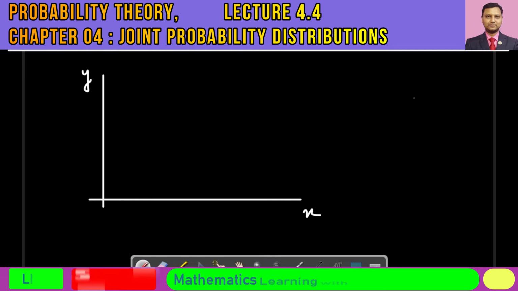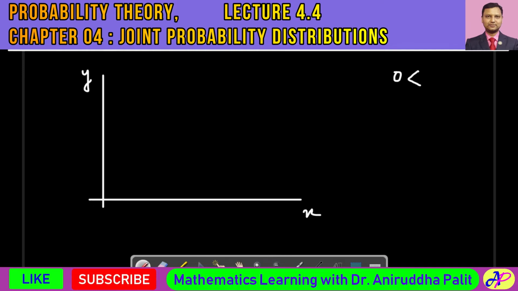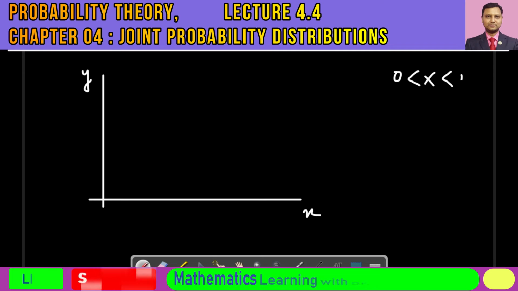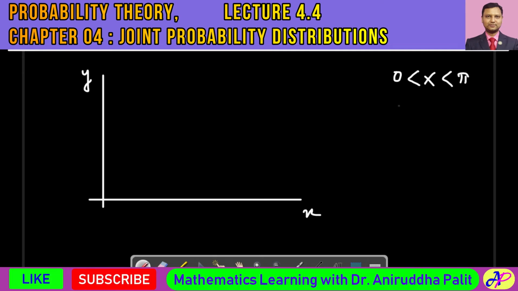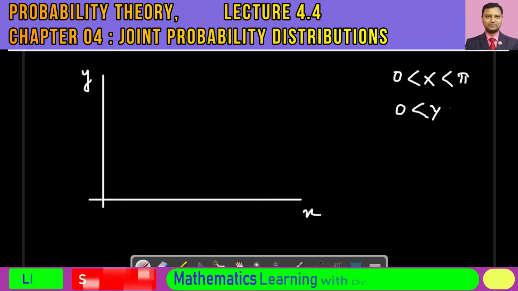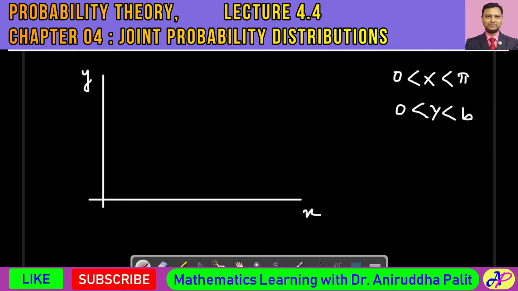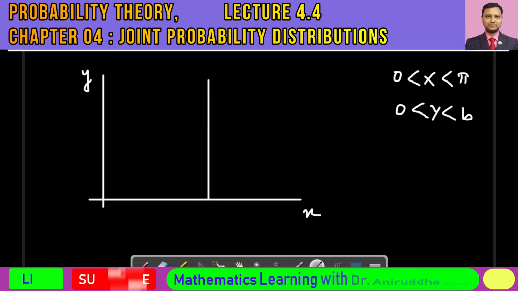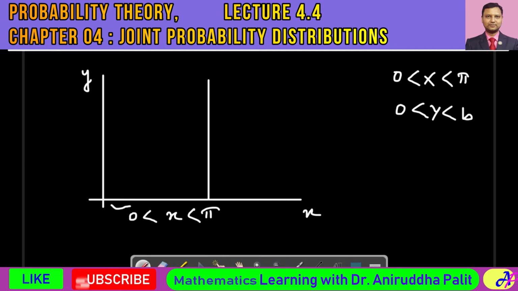The spectrum was that 0 less than x less than pi, and 0 less than y less than b. So if we consider a straight line parallel to the y-axis, and suppose this value is equal to pi, then 0 less than x less than pi will represent this type of interval.